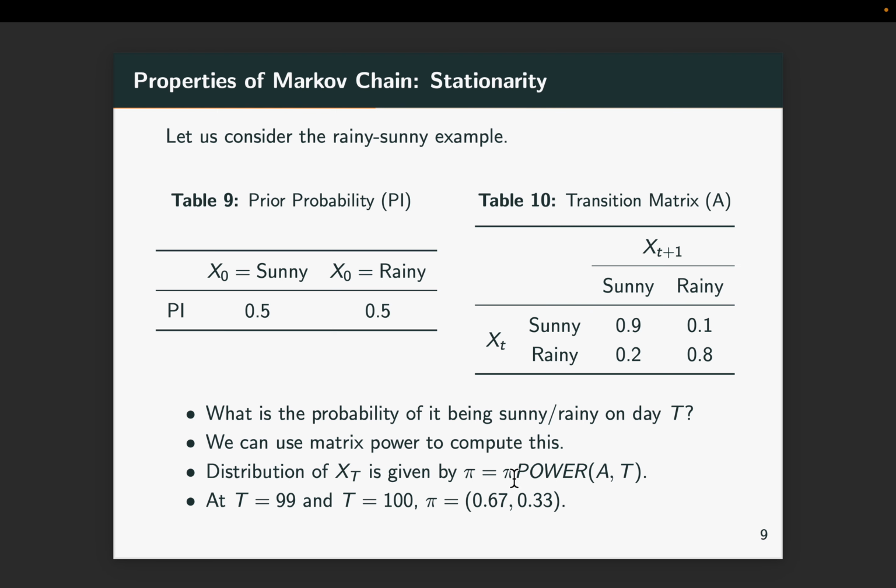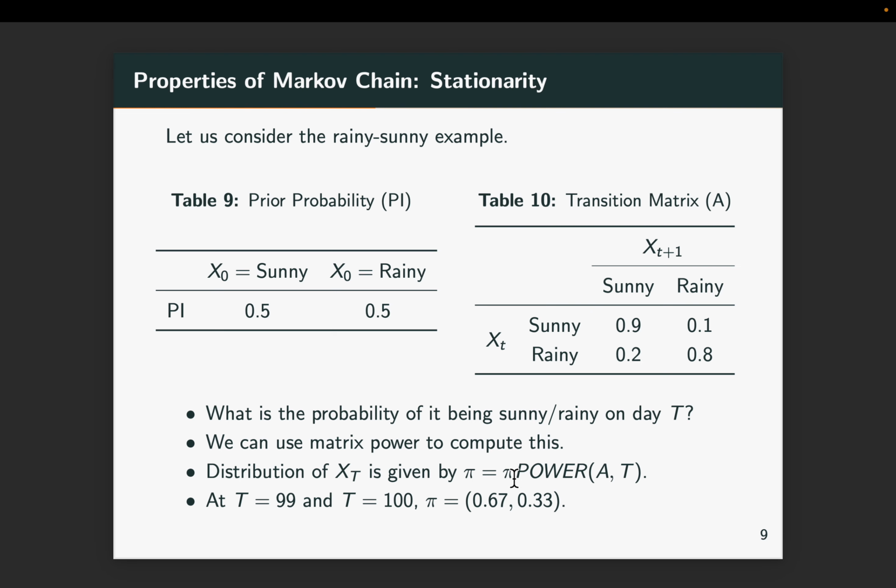The probability of sunny and probability of rainy has converged, right? This particular Markov chain has converged to some distribution. After a certain number of steps, the probability of sunny and probability of rainy does not change. It means it has converged to this particular distribution, which is a categorical distribution with 0.67 and 0.33 as the probabilities.